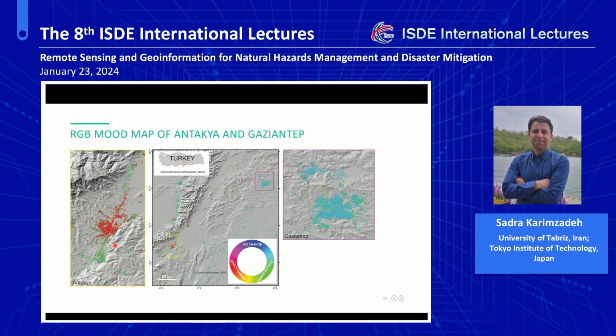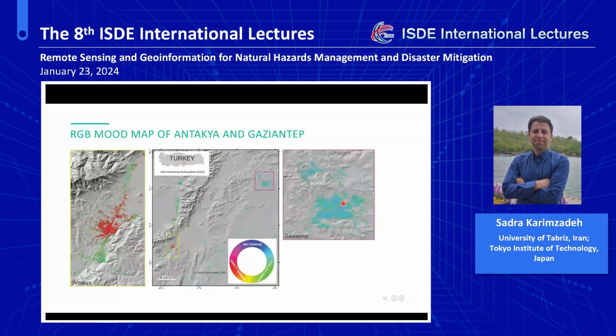But why are the non-damaged areas green in Antakya, while in Gaziantep most of them are blue? This is because of human activity. You know, in Antakya after the earthquake, the human activity increased.